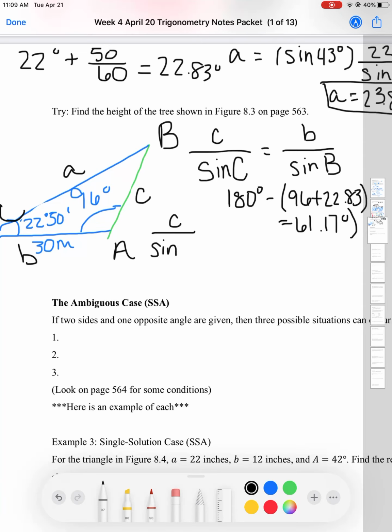So we've got C over sine C. So sine 22.83 degrees equals 30 over sine 61.17 degrees.